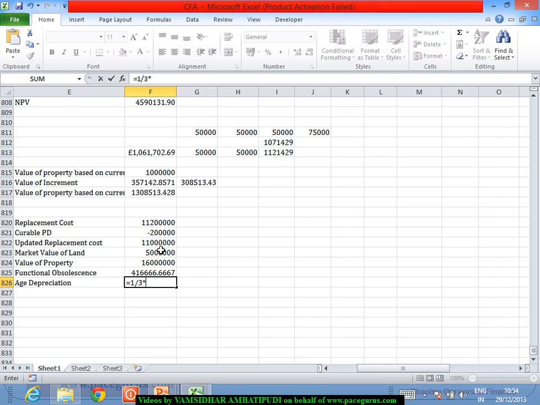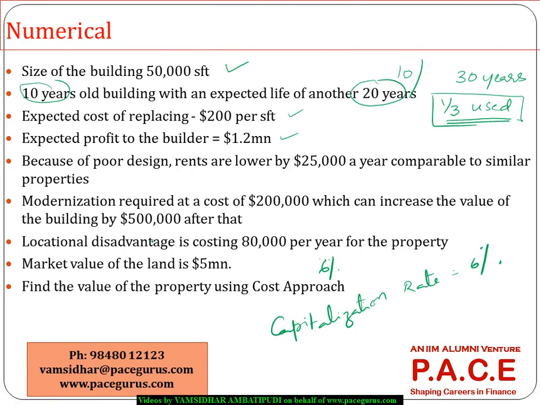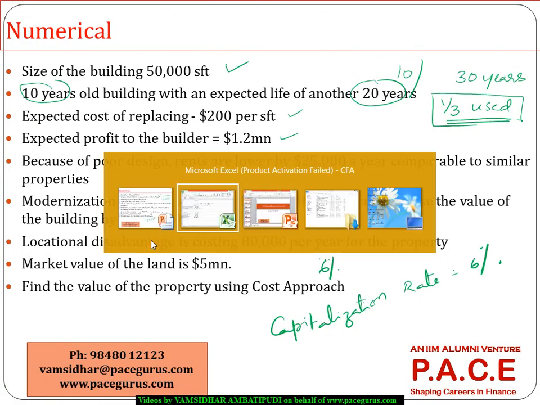So I apply the 1/3 depreciation on this 11 million, taking it to 3.67 million. That is because of the obsolescence and location disadvantage.